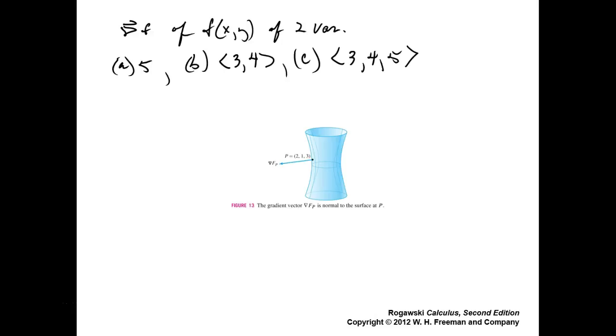This is 14.5, preliminary B, 3, 4. Perfect. Okay? Let's do number 2. This is a true-false.